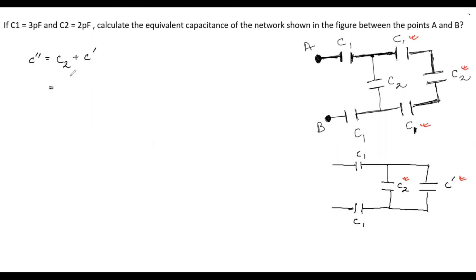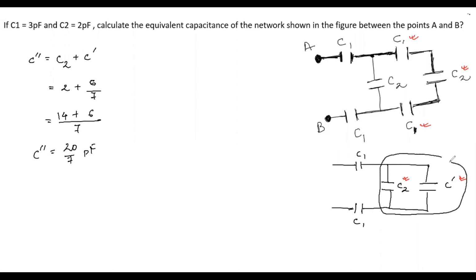Now C2 is 2 picofarad, so 2 plus 6 by 7 picofarad. If you do the LCM, here it is going to be 14, 20 by 7 picofarad. So when we combine these 2 capacitors, we get effective capacitance C double dash, which is 20 by 7 picofarad.